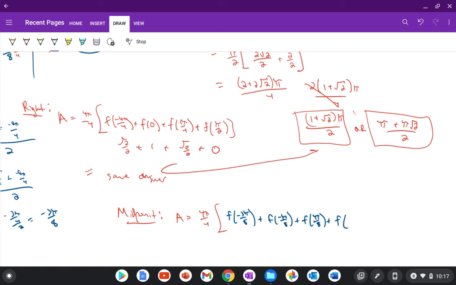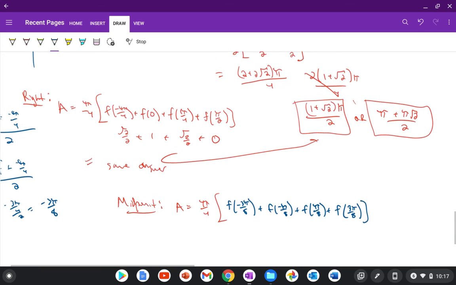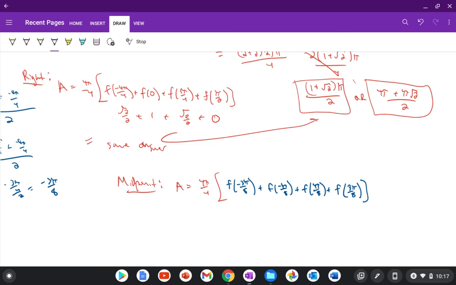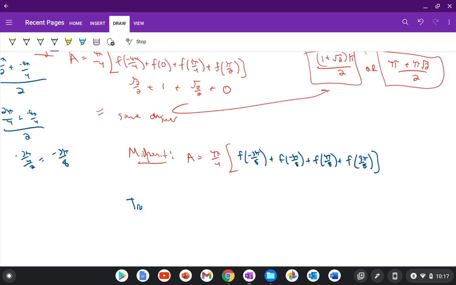And then my next one is going to be f of positive 3 pi over 8. So those are the ones we're going to evaluate. You could just do decimal approximations for those values. I'm not going to do that, just for the sake of time and you wanting to watch a video. So that's how you would do that one.